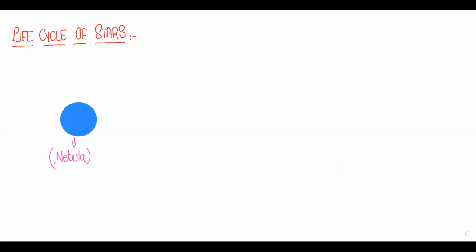Then this life cycle will continue like this. After the nebula, we will discuss how a nebula converts into a protostar, then how a protostar turns into a main sequence star. We will talk about each and every step, but initially we talk about the main life cycle of the star.